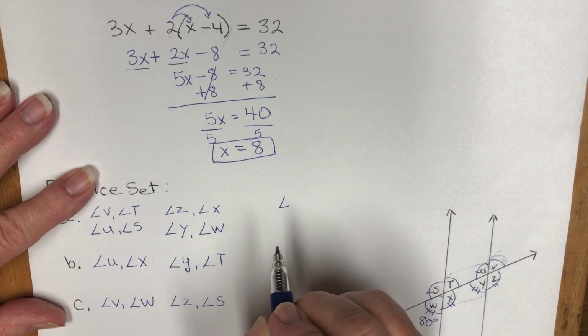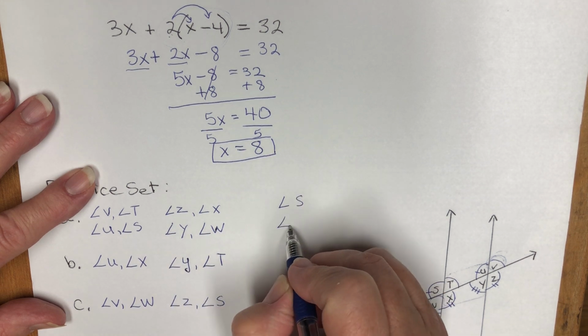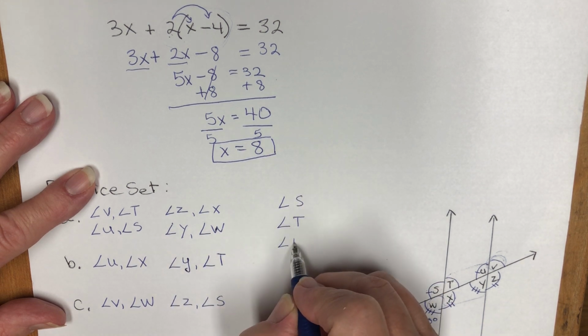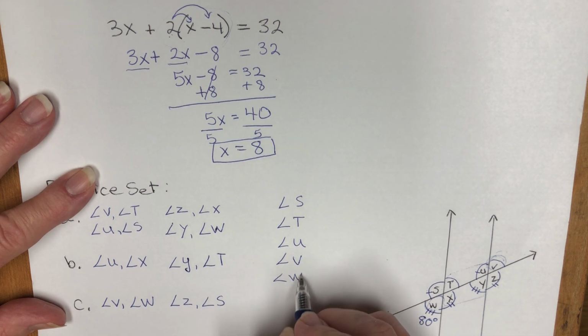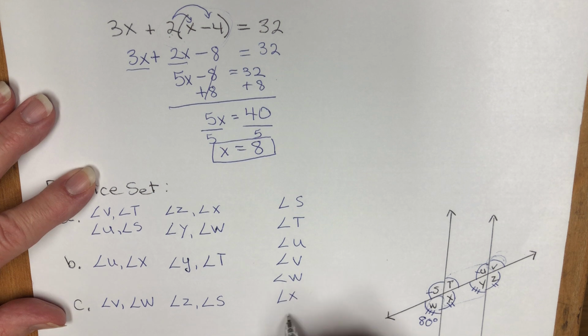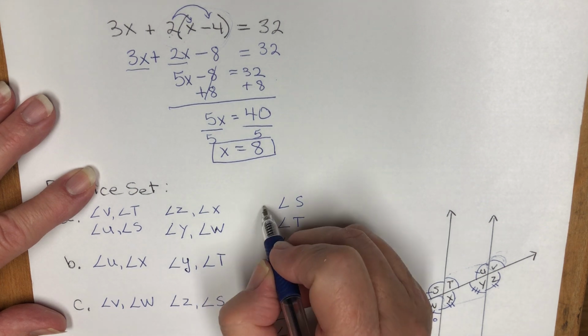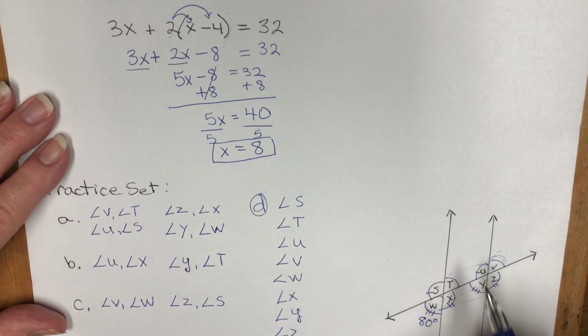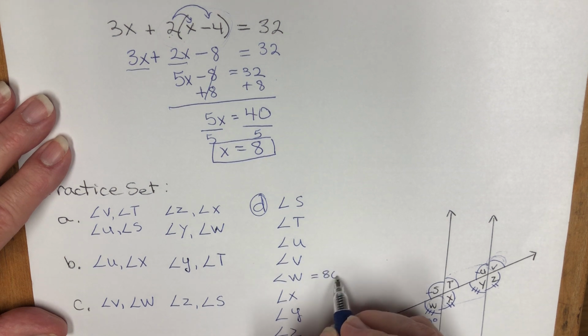Angle S, angle T, angle U, angle V, angle W, angle X, angle Y, and angle Z. I'm going to take that out and put it here. All right, so it's starting with angle W is 80.